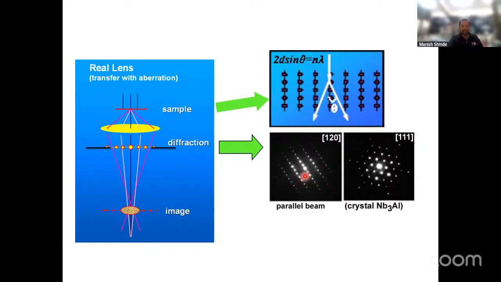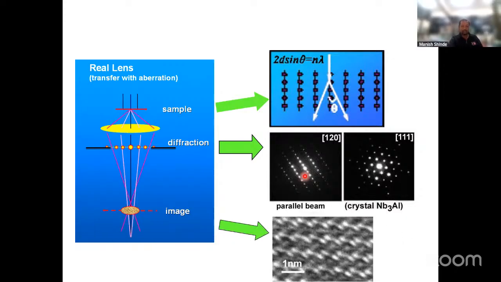I'll explain later, then you will get the idea. That means when you are interrupting this electron beam intermediately, you are getting this kind of diffraction imaging. When you are not interrupting the beam and you are obtaining the image, this kind of imaging mode is there.